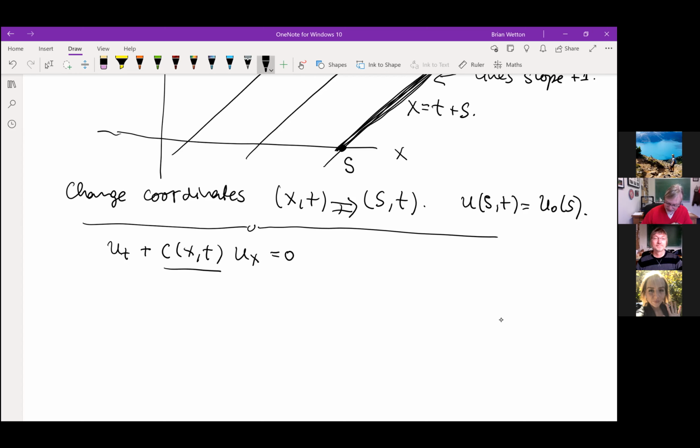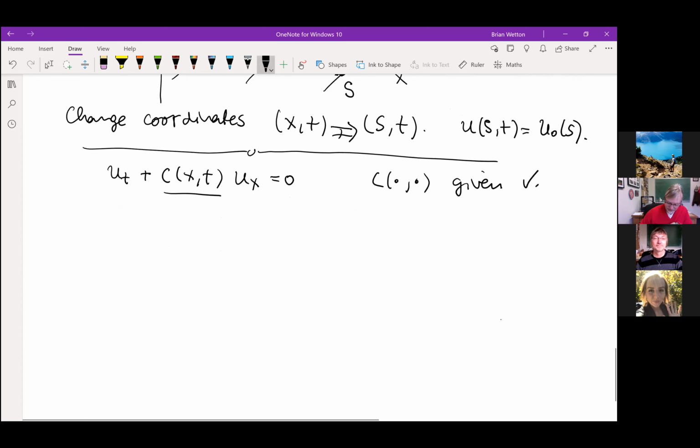I should tell you this function is going to be a given, so you're going to know this function everywhere. And I haven't shown you yet, but you will see that this is going to be a varying speed of propagation.